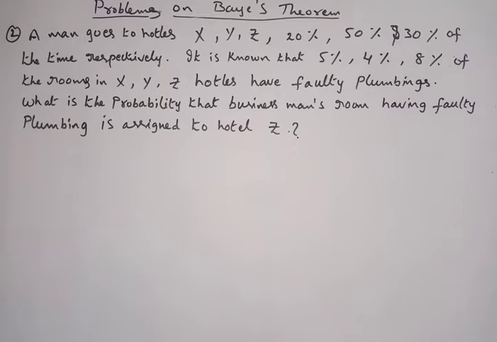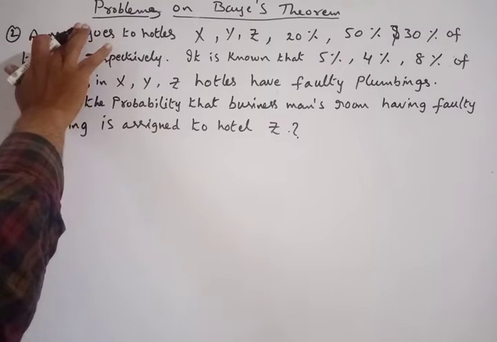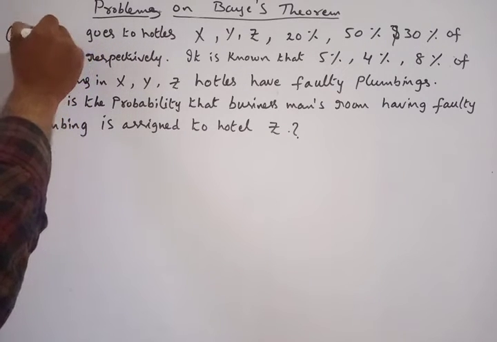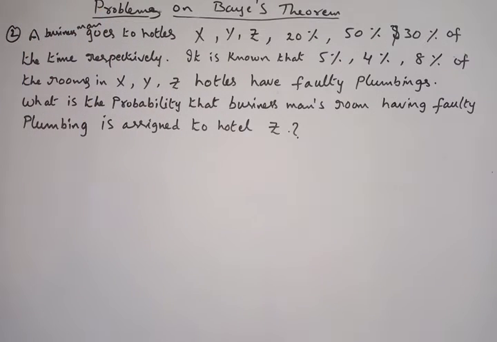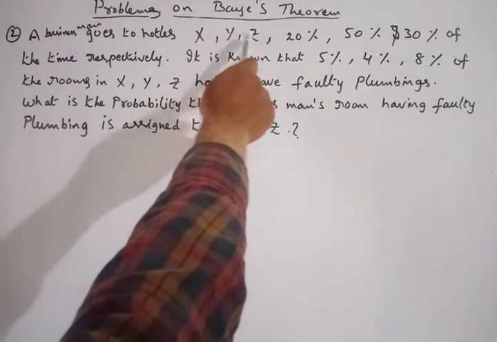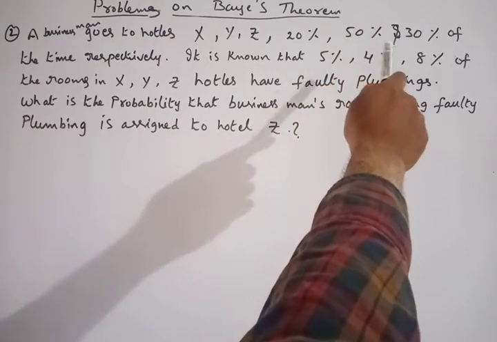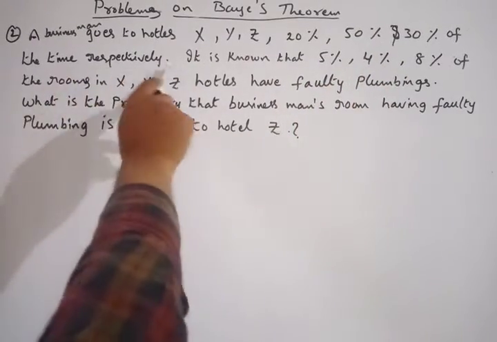See the next problem. A businessman goes to hotels X, Y, Z 20%, 50% and 30% of the time respectively.